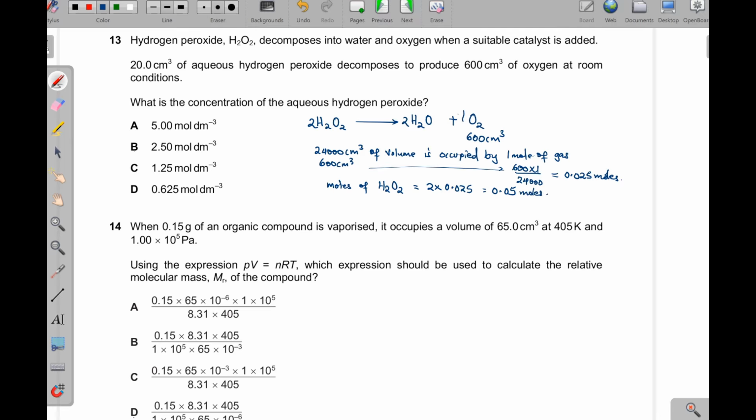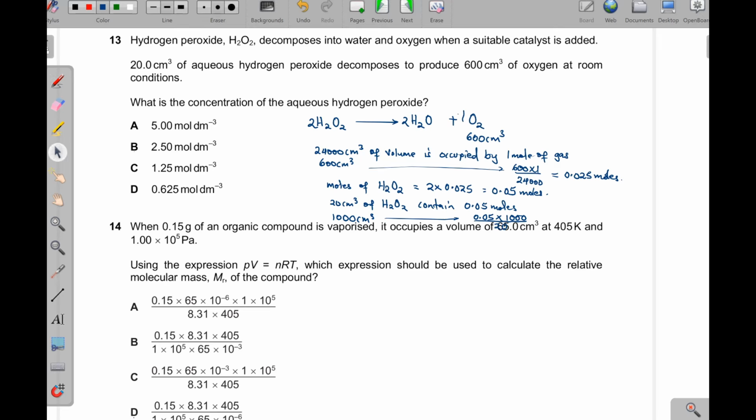Now, after getting that, these moles here are contained in 20 cubic centimeters. So how about in a liter? So I'll say 20 cubic centimeters of this one contain 0.05 moles. Then how about 1,000 cubic centimeters will contain, we shall have 0.05, then times 1,000, then we shall divide by the 20.